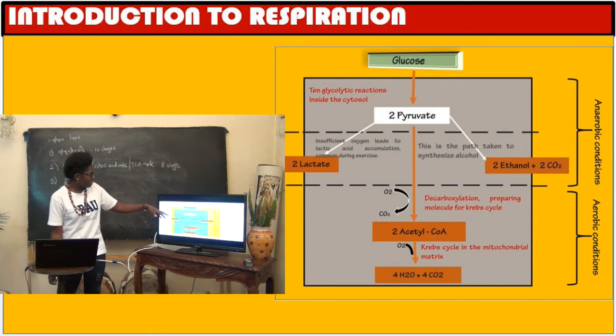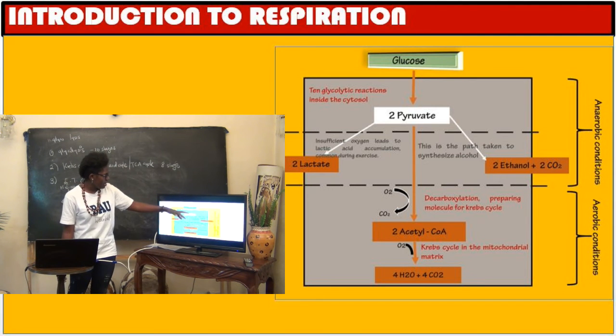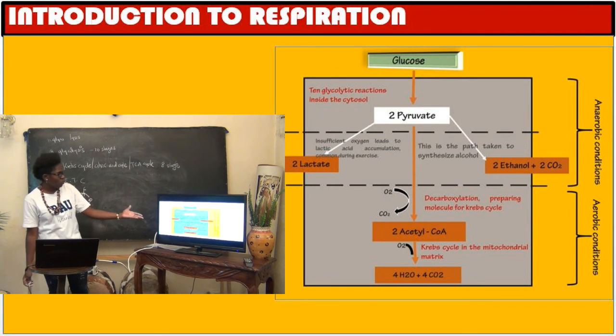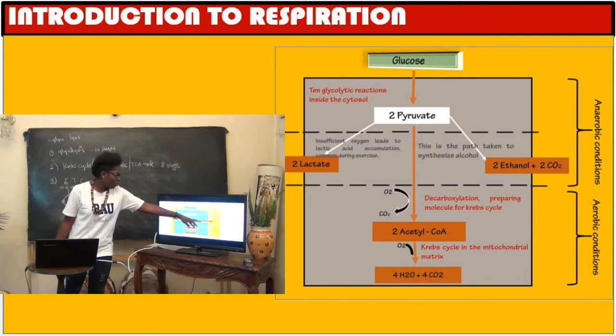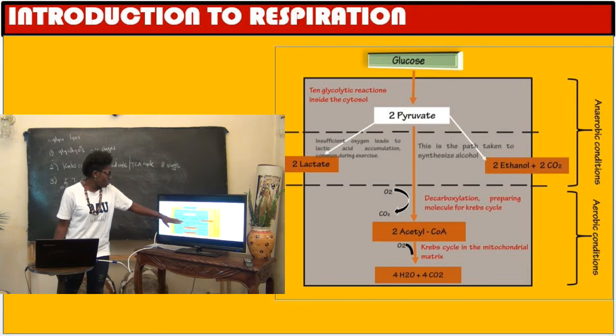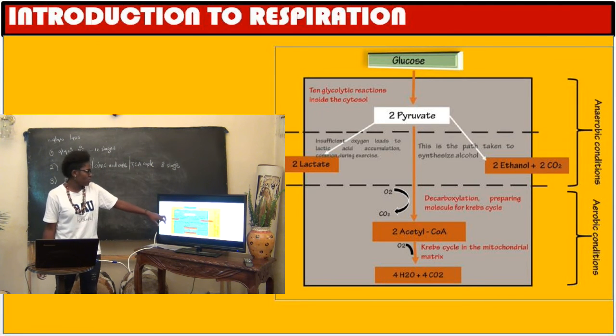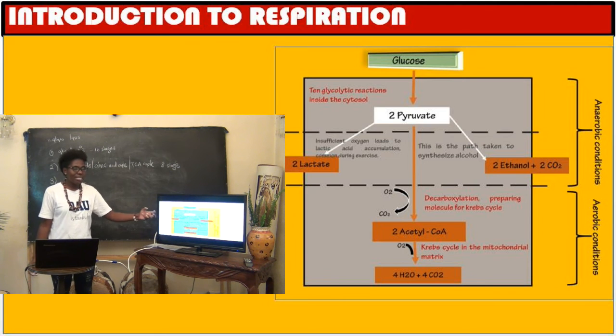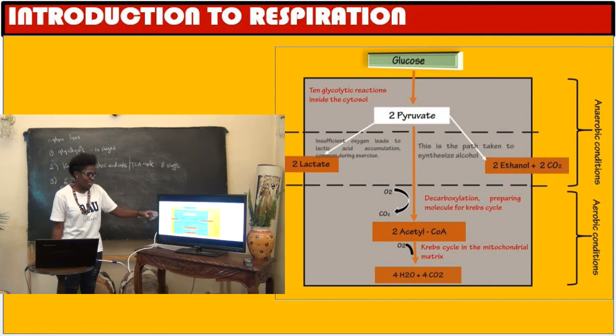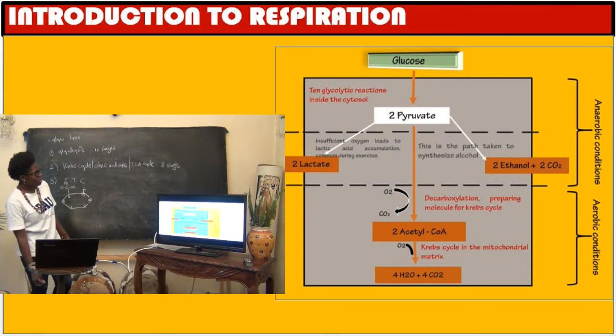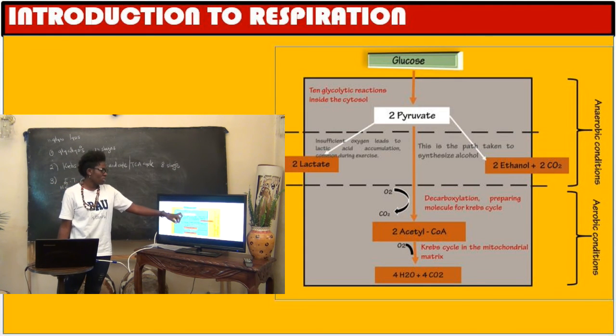And then if it is anaerobic respiration, it can take two paths, that is alcohol fermentation, or this is anaerobic respiration in animals, whereby a product known as lactate, think of lactic acid, which is a pain that you feel in the muscles due to insufficient oxygen.